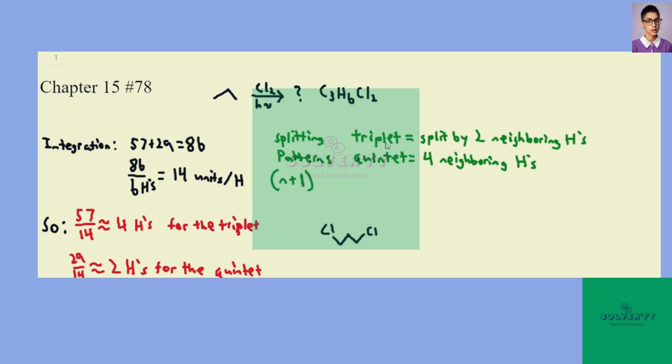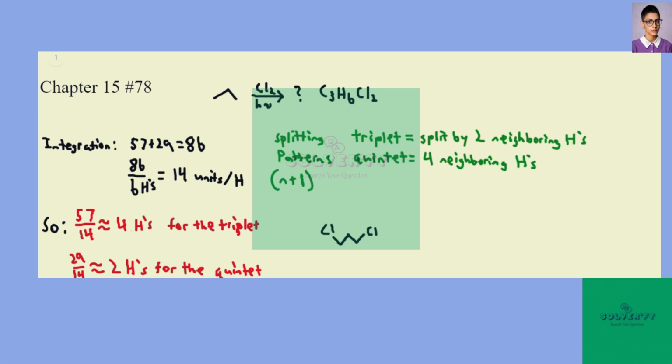The third thing to look at is the splitting patterns of these 2 signals. If you remember the n+1 rule, it tells us that if a proton has n neighboring protons, it's going to give us n+1 splitting in the signal.